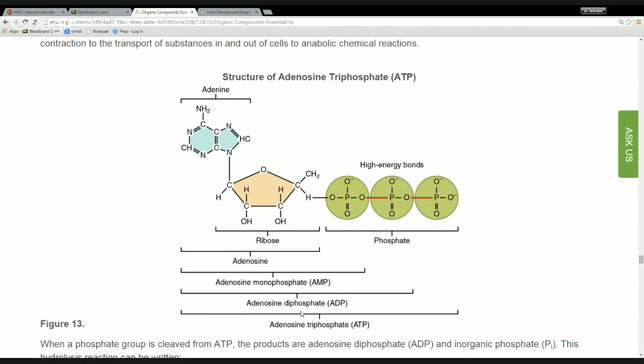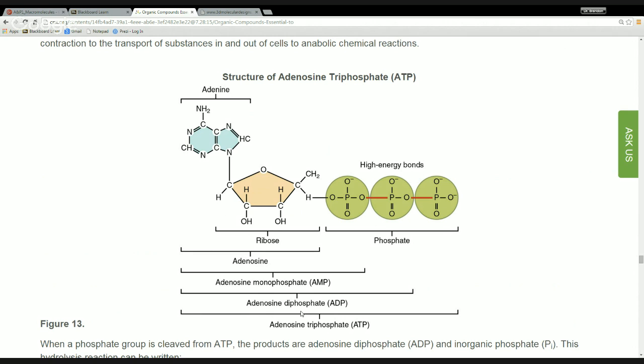Those two together are what are referred to as adenosine, which is why it's not called adenine triphosphate. And then it has phosphate groups attached to it. So we already saw that nucleotides have a phosphate group on to them. If we add a couple more phosphate groups onto the adenosine nucleotide, we get adenosine triphosphate.